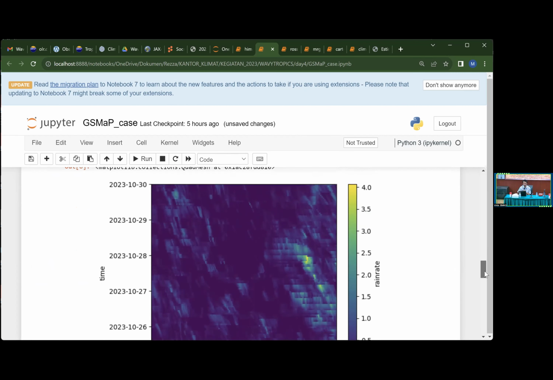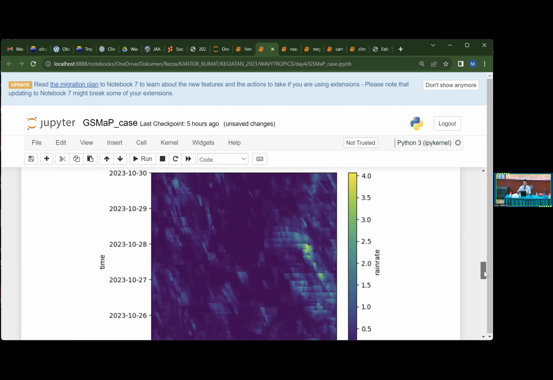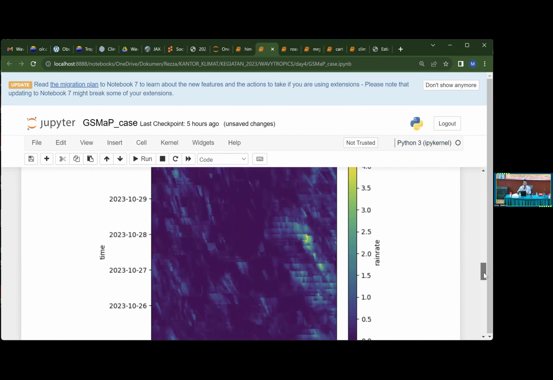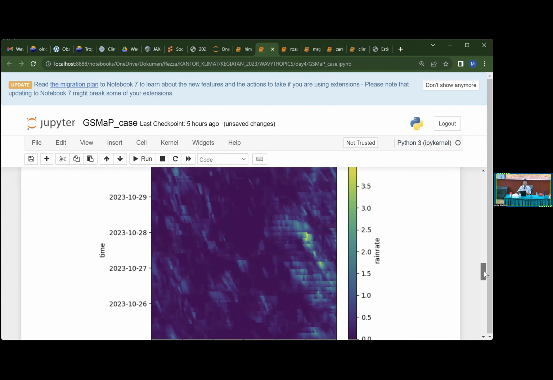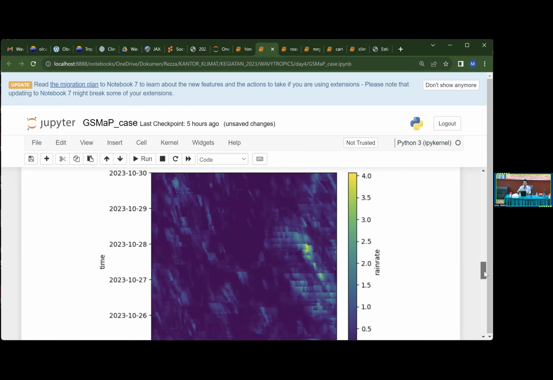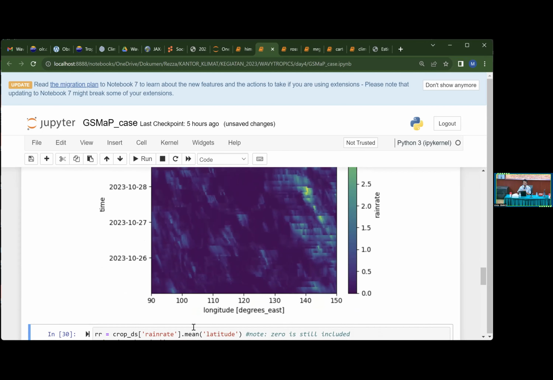What happened between October 25 and 29? This is the Hovmöller diagram you created. The y-axis is time, and this is the longitude from 90 degrees east to 150 degrees. Indonesia is about in this range until 140. This is the rain rate.